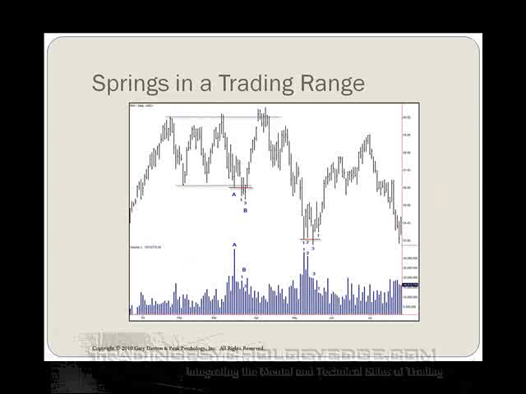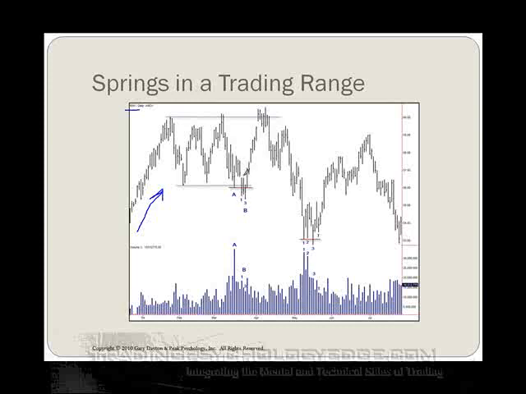All right. Here's springs in a trading range. Here we are. We've been in an uptrend, and a nice uptrend. Here's another IWM, another nice stock for looking for springs. And notice we come down to the bottom of the trading range, and at bar 1 there's an increase in volume, and it kind of halts here.